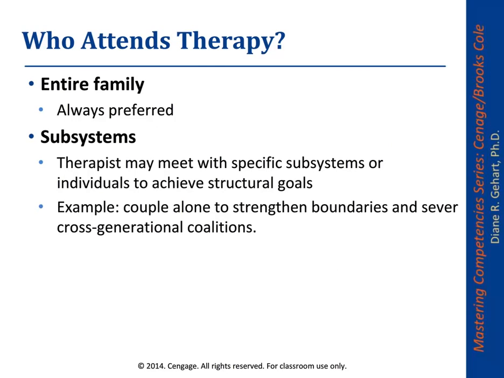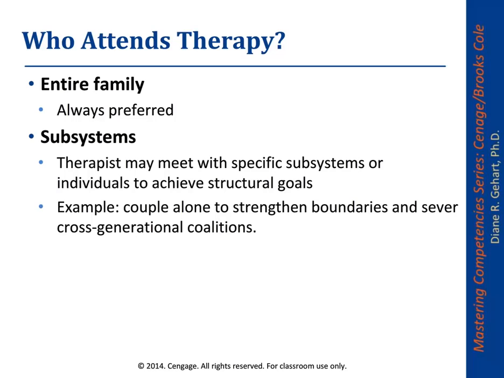So who attends therapy? Typically, the entire family is preferred, especially for the initial sessions when you're trying to map the structure. In subsequent sessions, though, you may invite only specific subsystems back, particularly to help realign boundaries.